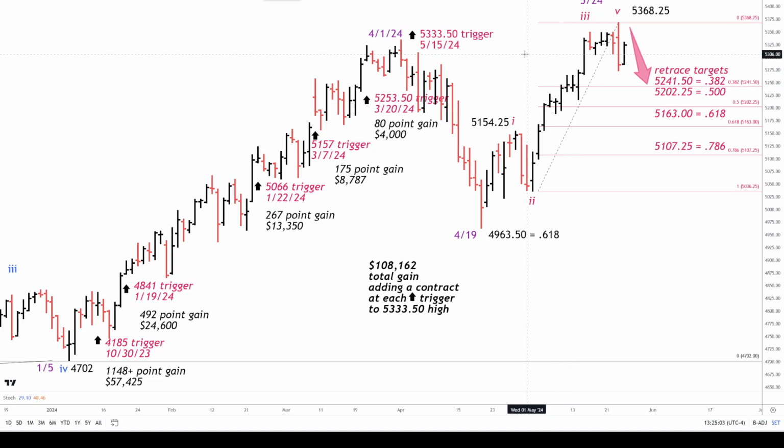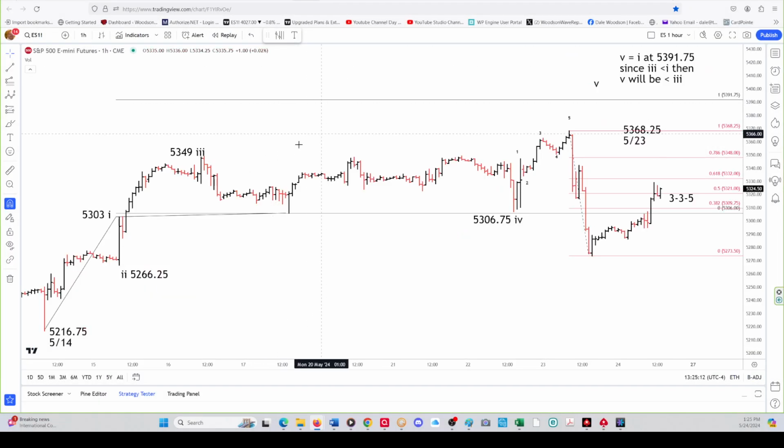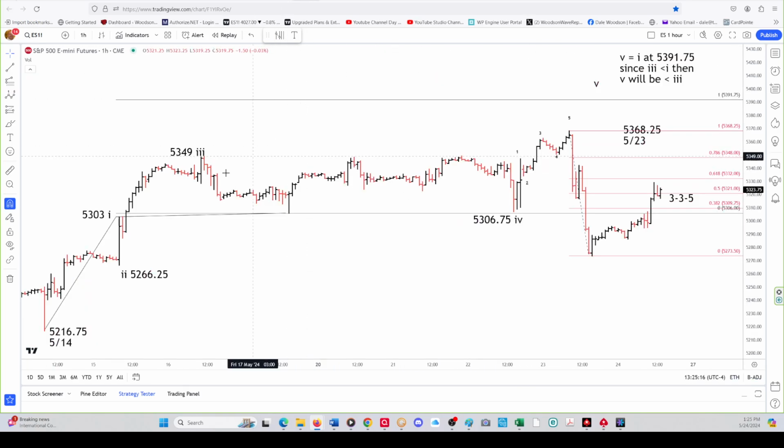Let's move a little bit closer from the daily into the hourly. There's that 5.14 May 14th low. We got a 1 down, 2 up, a 3 down, a long and sideways 4 here, and then 5 waves up for what might be 5.